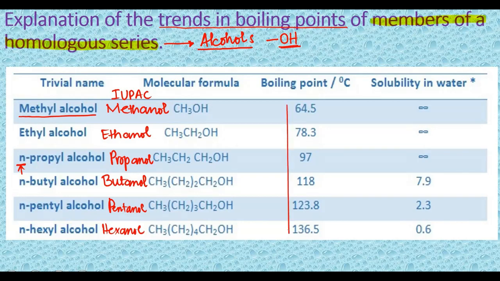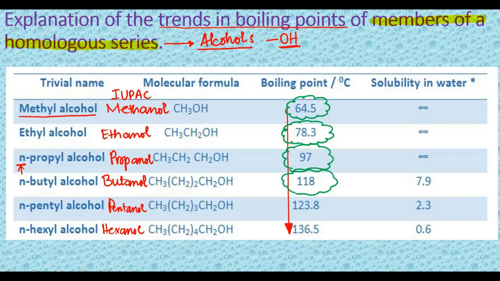Alcohols are taken here as an example of the members of a homologous series to show the trend in the boiling point. As can be seen, as the number of carbon atoms increases, the boiling point also keeps on increasing. As the carbon chain in the homologous series of any type of organic compound increases, the London dispersion forces of attraction also increase.